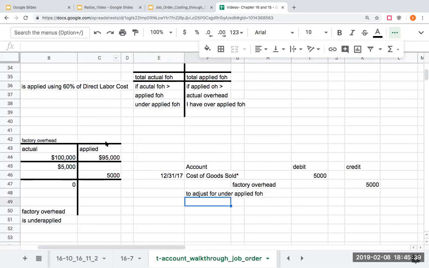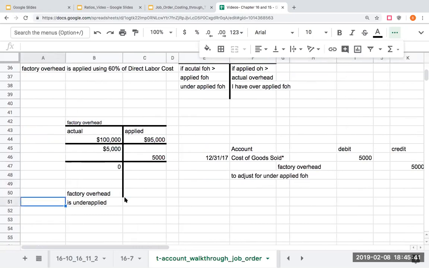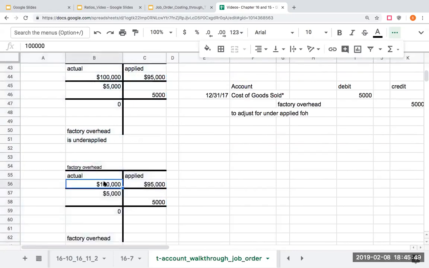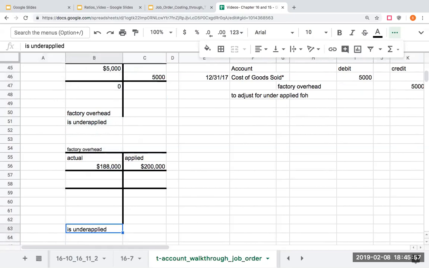Now, if I do the other side of this, say the actual amount is 188,000 and my applied was 200,000, then in this case I have an ending balance of 12,000.